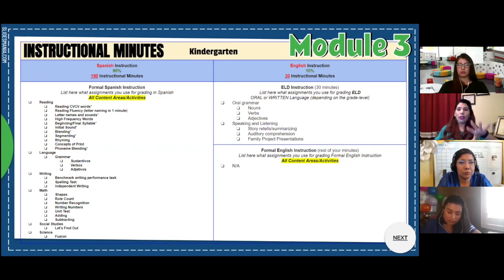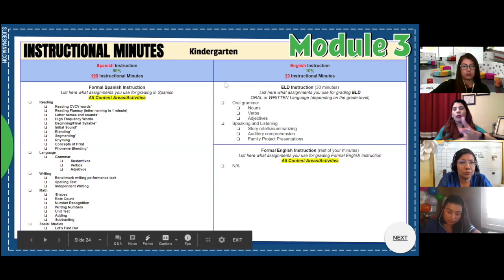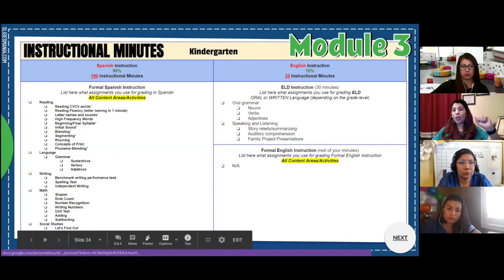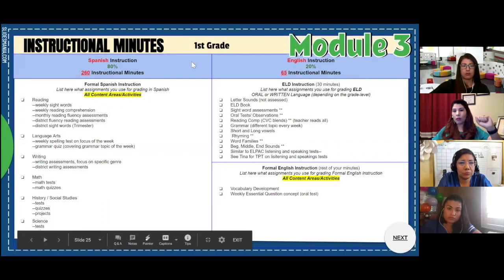For kindergarten, it was a slam dunk. You can see here, it's 190 instructional minutes, all in Spanish, and then 10% really just ends up being 30 instructional minutes, which guess what? 30 minutes of ELD, slam dunk, everything you're doing in English could be considered English language development.